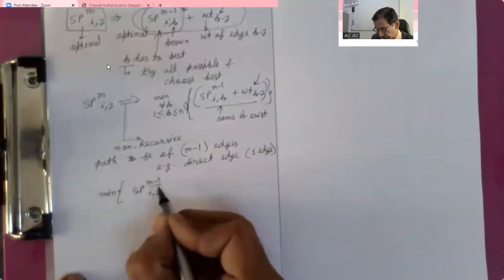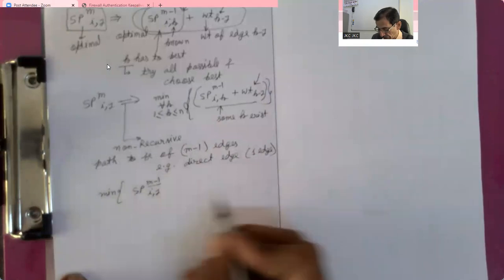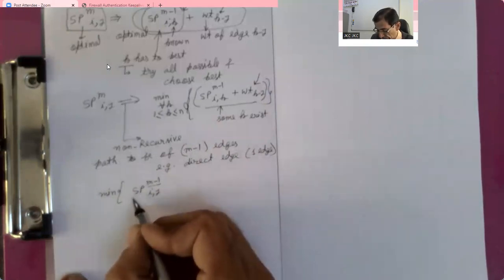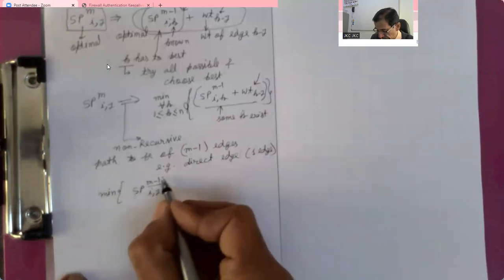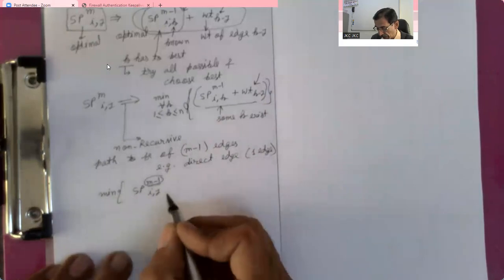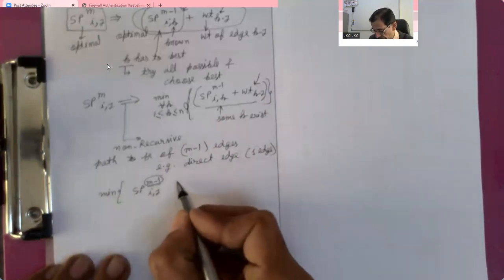M minus 1 will recurse down to m minus 2, m minus 3, and finally m equal to 1 will also mean a direct edge covered. So it's not compulsory, but probably some of you could think that I should also imagine having an m minus 1 path without going via some k, no k existing at all. Of course, this can be one possibility.